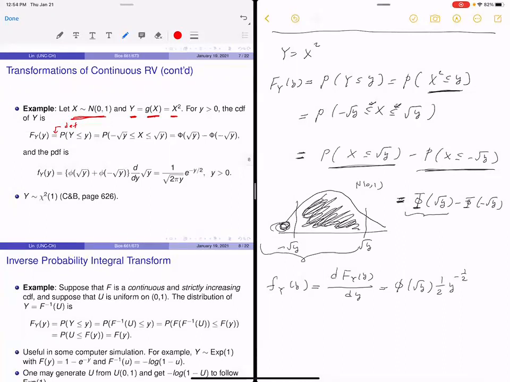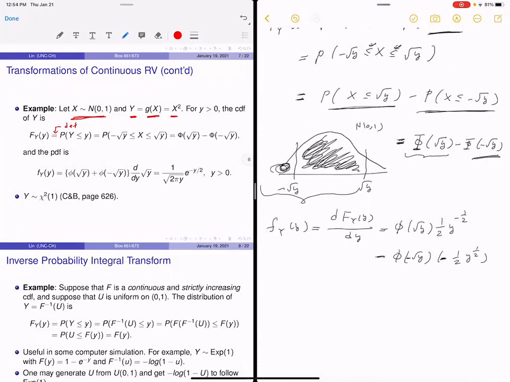That's how you do the chain rule, that's how you do differentiation. Again, I have a minus right here. Doing this part again becomes phi evaluated at minus y, and then you do the chain rule. Then be careful, you need to have the minus sign right here. Otherwise, everything will screw up.